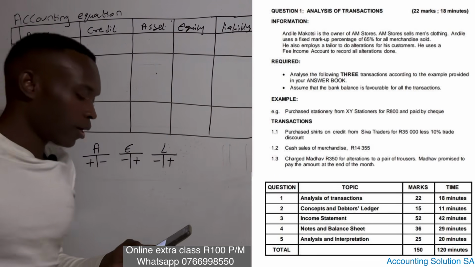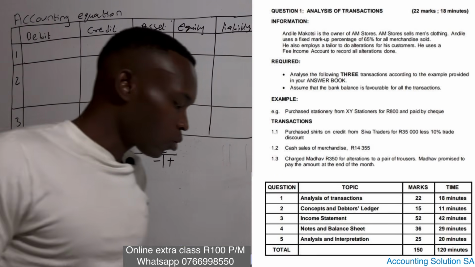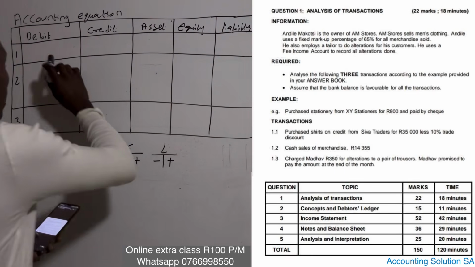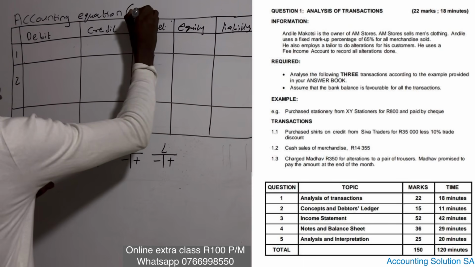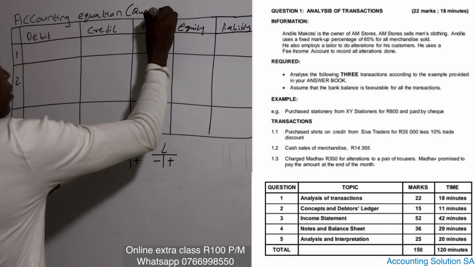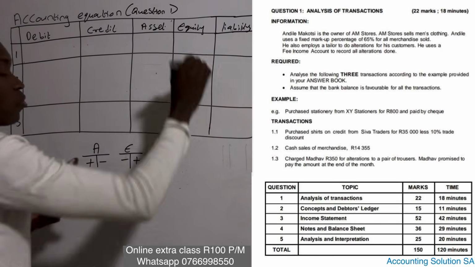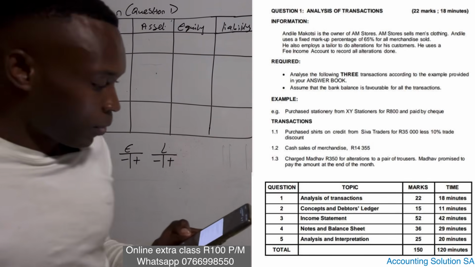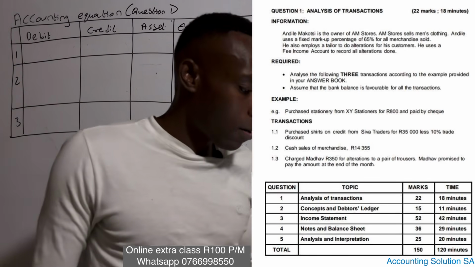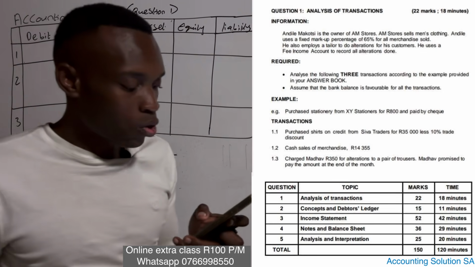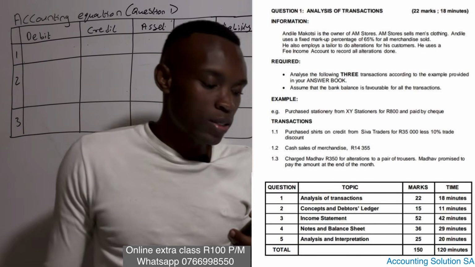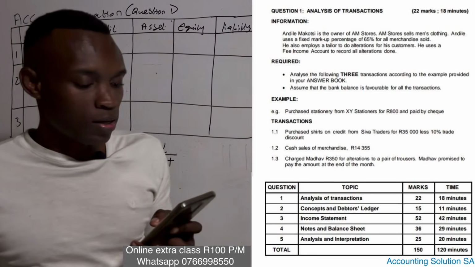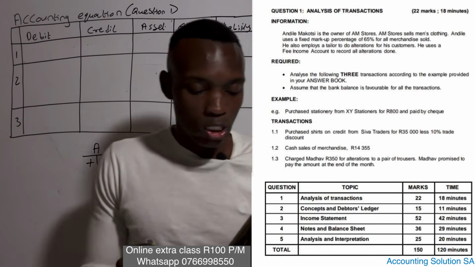Okay, let's start. So here we have an accounting equation, which was question 1. Obviously, even on your final exam, this is going to be question 1. Okay, they said Andile Makoti is the owner of AM Store and AM Store sells men's clothing, and Andile uses a fixed markup percentage of 65% for all merchandise sold.